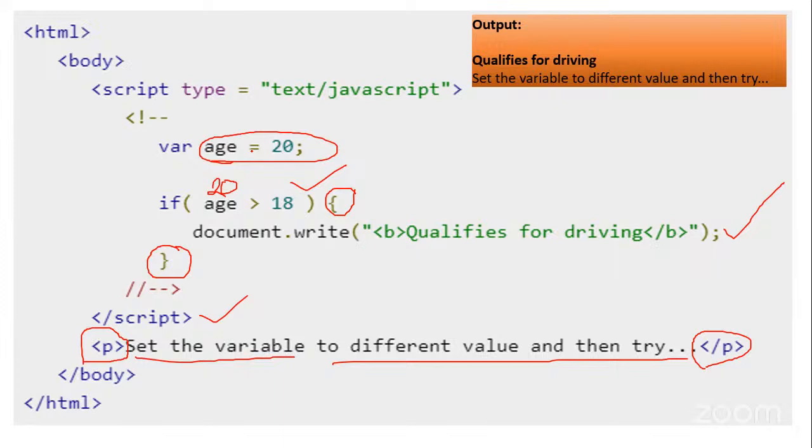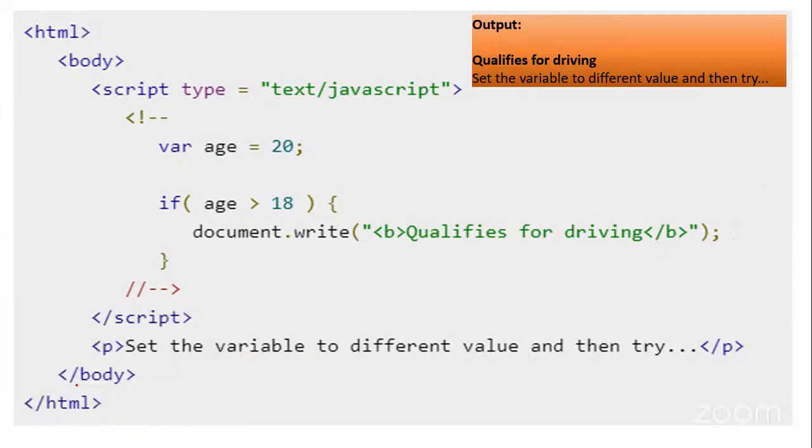For example, if the age value is changed to 5 or 10, let us say 10, age assignment 10. If you observe the if condition when you assign 10 to the age, 10 greater than 18 obviously becomes false.